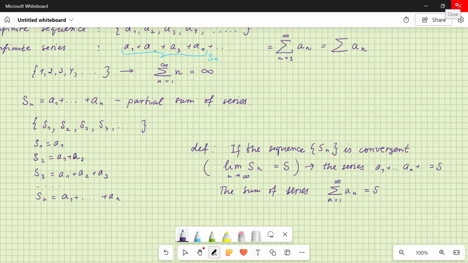Well, let's go back to the partial sum number n. What is going to happen if you bring this n to infinity? If you bring n to infinity in this partial sum, you are just going to have all terms of this series, right? And that means that if at infinity the term of this sequence goes somewhere, that's where the sum goes, because the infinite term of this sequence is actually the sum of the series.